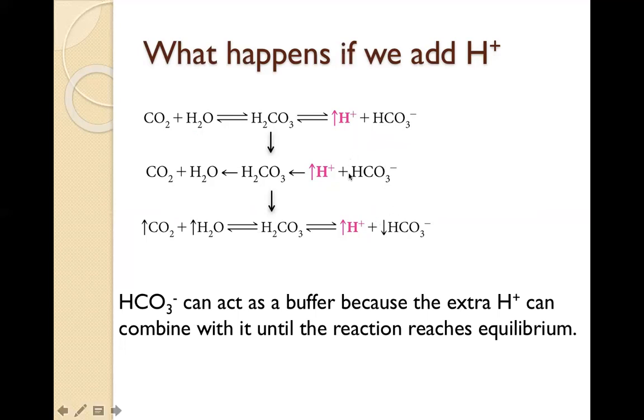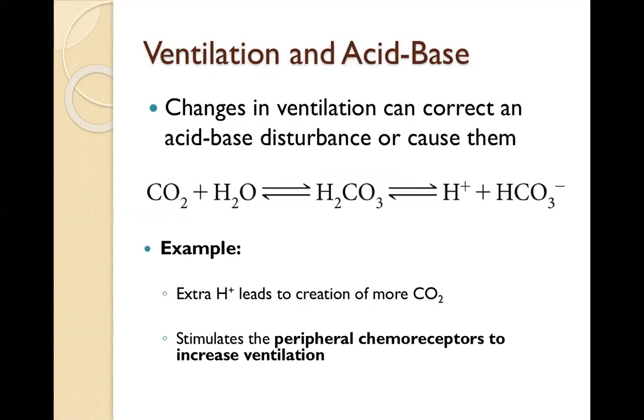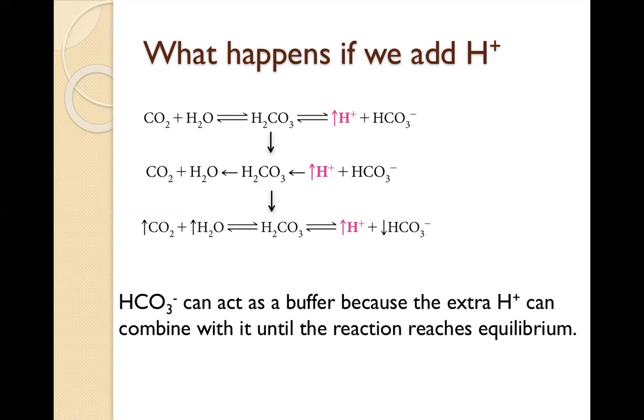It will combine with this proton to push the reaction in the leftward direction. And when you push the reaction into the leftward direction, it will produce more water, which is fine. Our bodies are made up mostly of water, and it's going to produce more carbon dioxide. And this will occur until the system reaches equilibrium. And this is good, because that higher carbon dioxide can now be breathed out by our lungs.